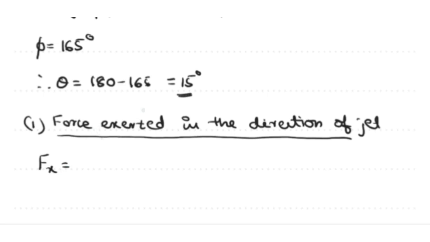The formula for Fx for the curved moving plate is rho into a into (v minus u) whole square into (1 plus cos theta).